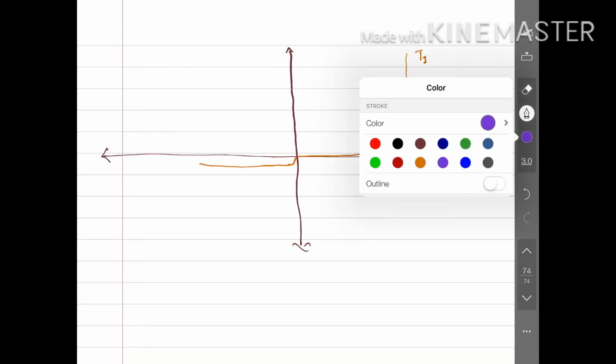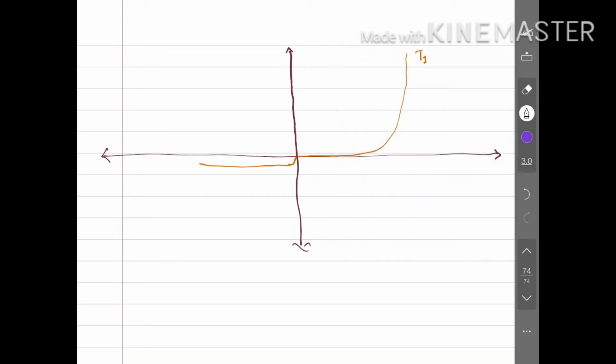And now let me see when, okay, now we increase the temperature, right, further. So this is the curve. So this is the temperature curve.